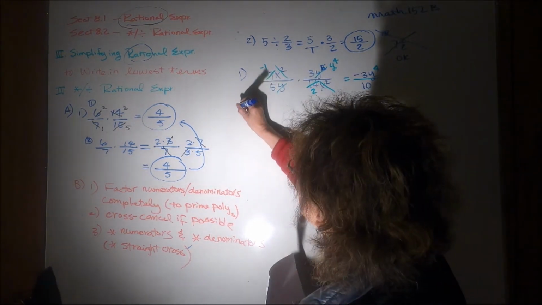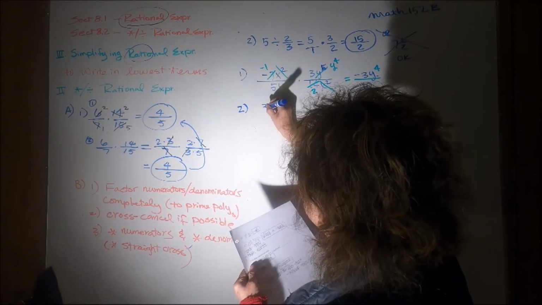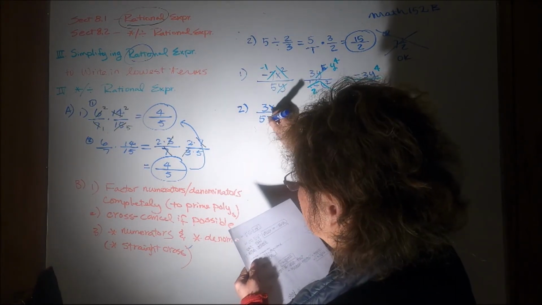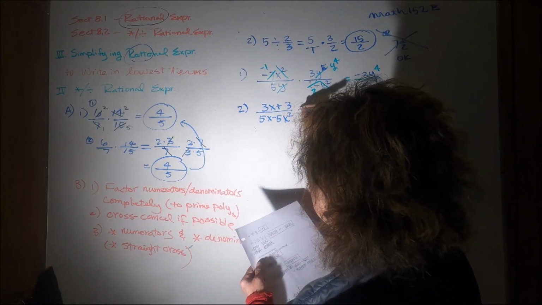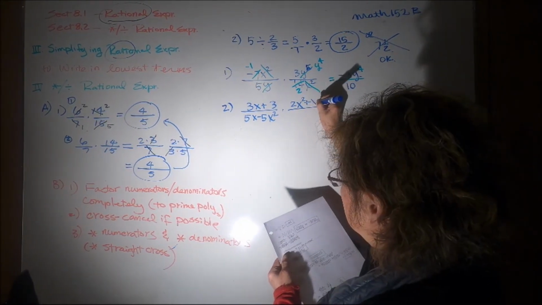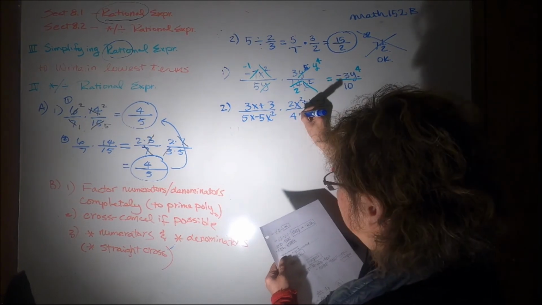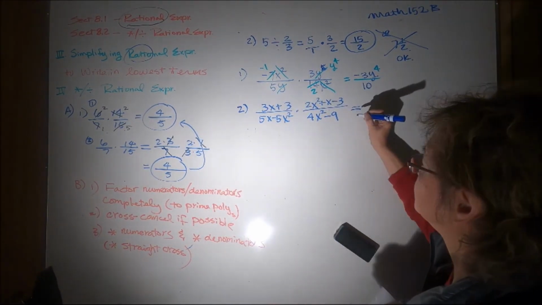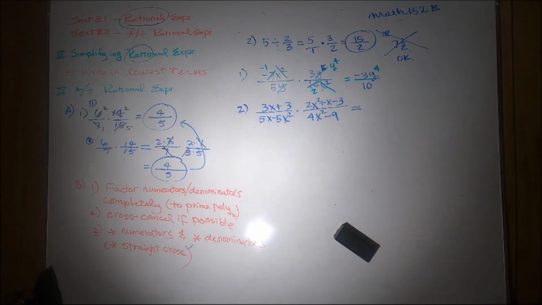Okay, let's see. Next one, 3x plus 3 over 5x minus 5x squared times 2x squared plus x minus 3 over 4x squared minus 9, right? So before we factor them, we say you better write in what kind of form? Standard form.